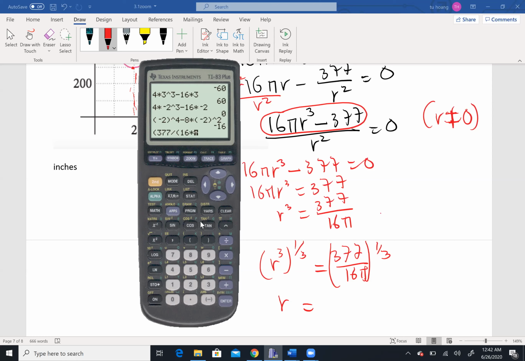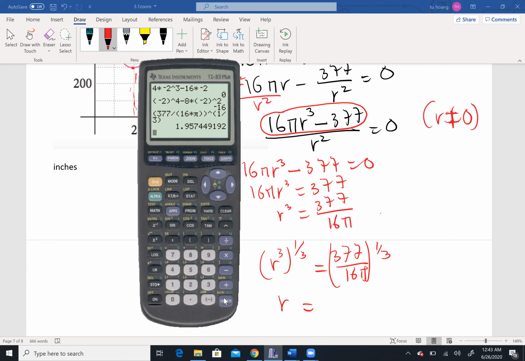Where's pi? Second pi is here, right? And close the bottom and close the big fraction with the power of 1/3. I need to have the parentheses for the 1/3.